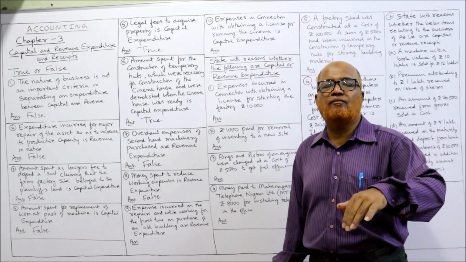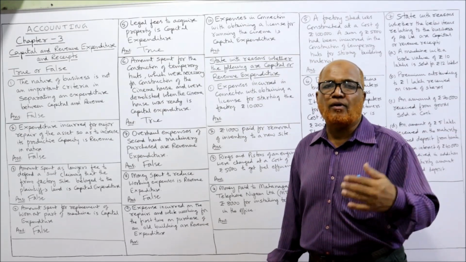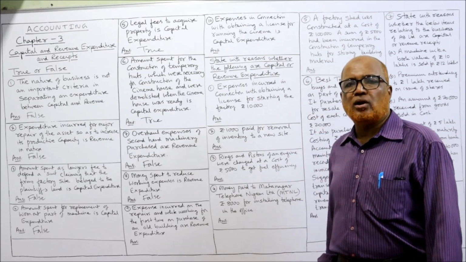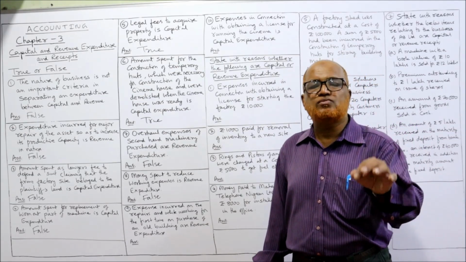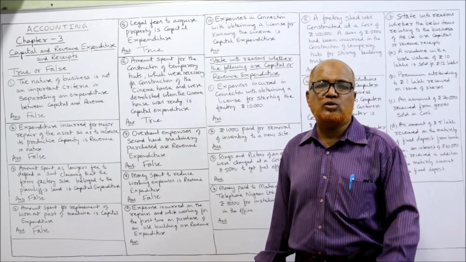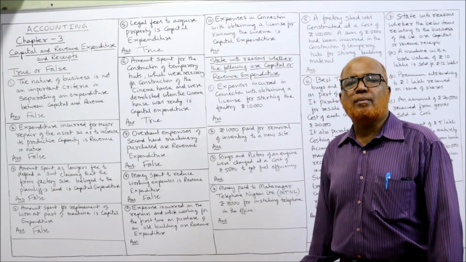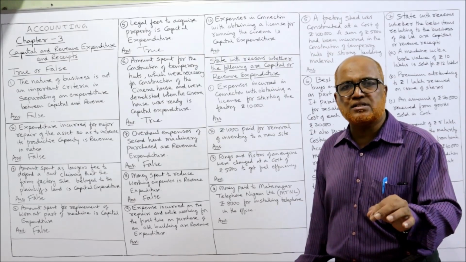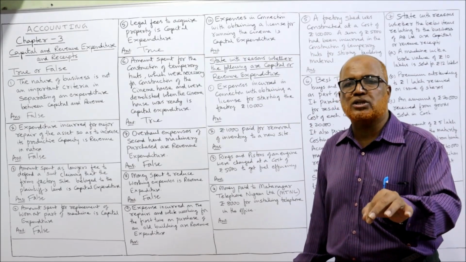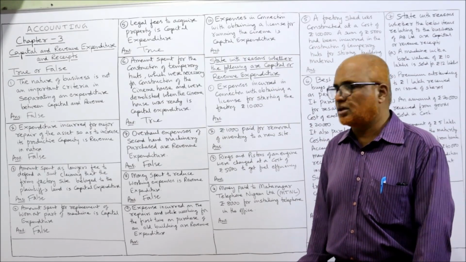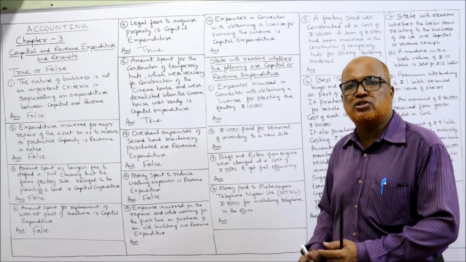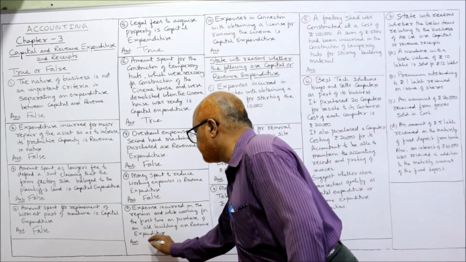That means it will become a workable and usable form. The old building is not in a usable form until and unless we do some repair, we do some whitewashing, etc. So amount spent on whitewashing for the first time on purchasing an old building is a capital expenditure. Here it is saying revenue expenditure, so it is false.